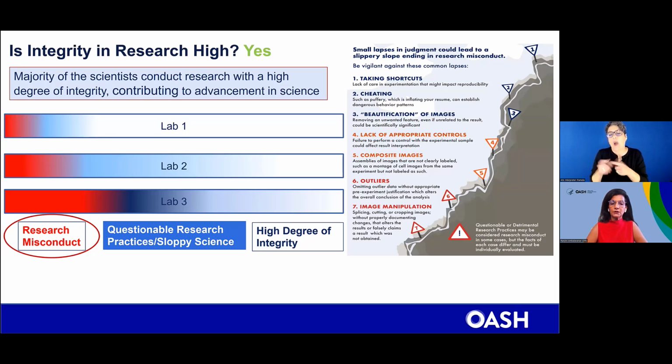Like taking shortcuts and not conducting appropriate controls, composite images with reused images from different experiments, or not paying attention to outliers, just dropping them without any justification, and things like that.